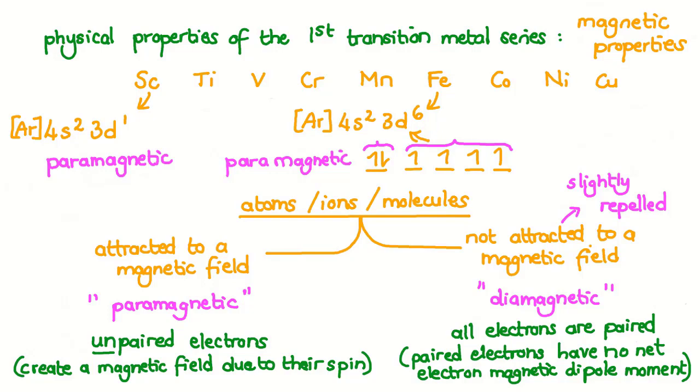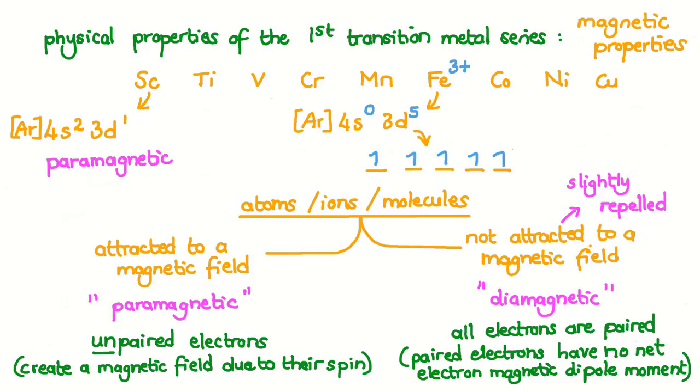Now let's change this atom of iron to an ion of iron. Let's make it Fe3+. The electron configuration of Fe3+ is shown here. 3 electrons have been removed from the Fe atom to create the Fe3+ ion, 2 electrons from the 4s subshell, and 1 from the 3d subshell.